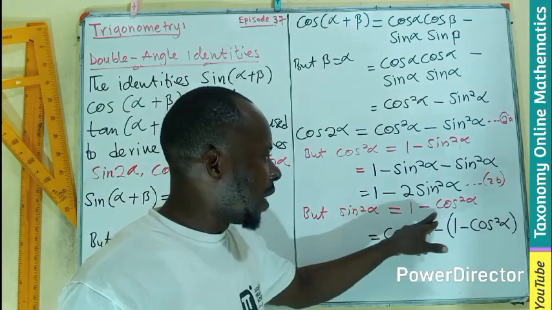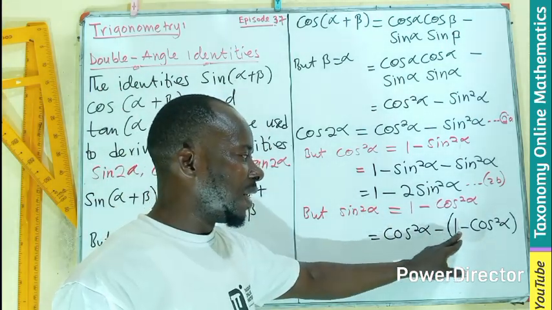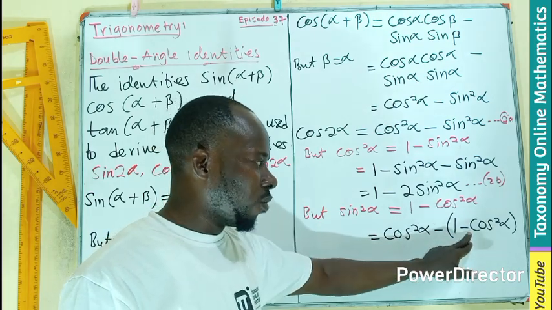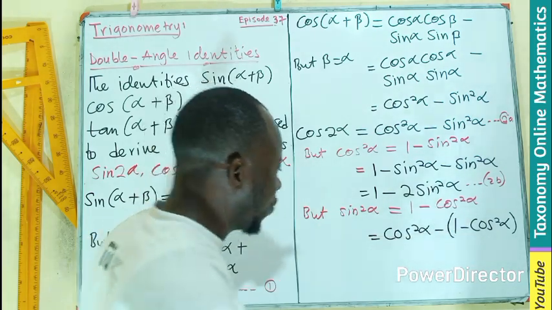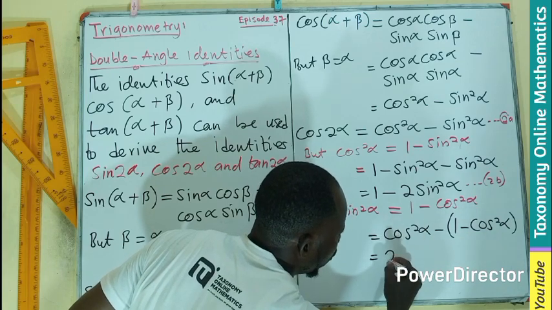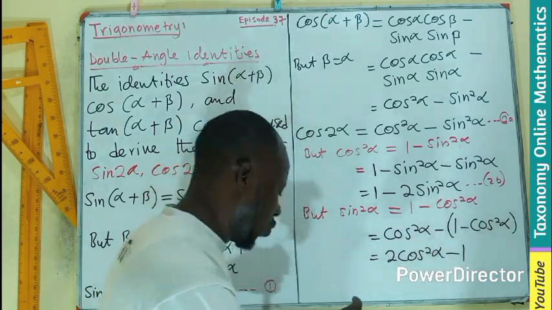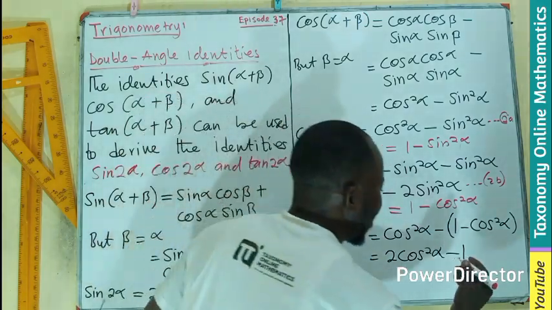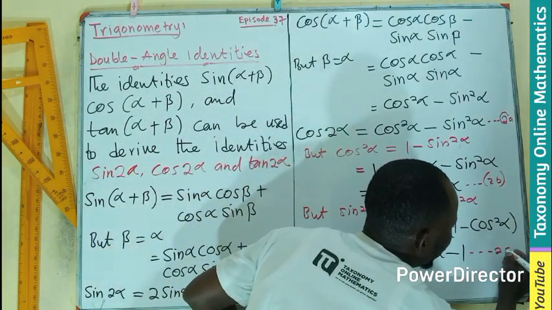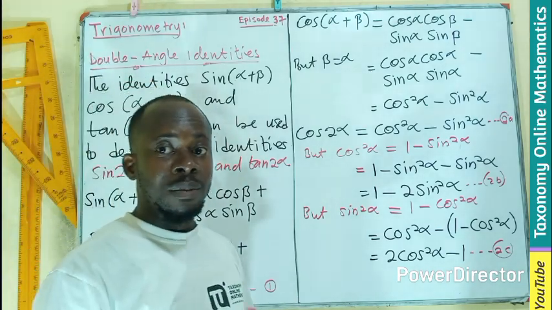You see, this is replacing sine square alpha. When you open this bracket, negative will be here, positive will be here. So two of them come together to give us 2 cos square alpha minus 1. That also gives us our 2c.